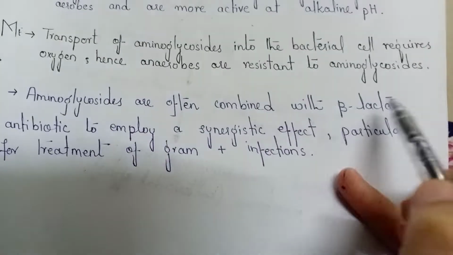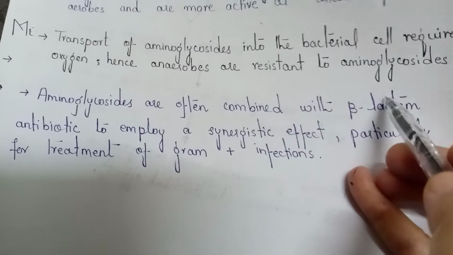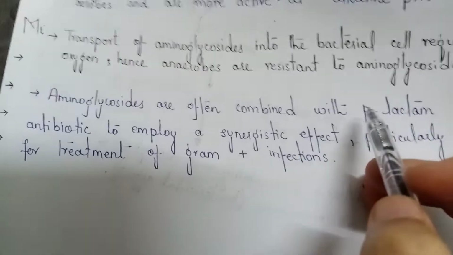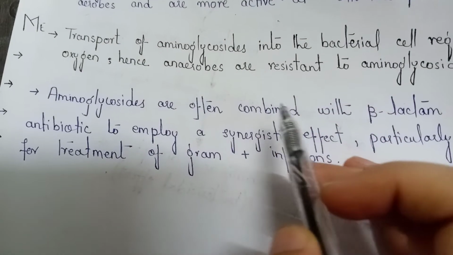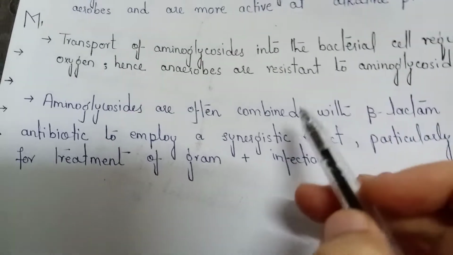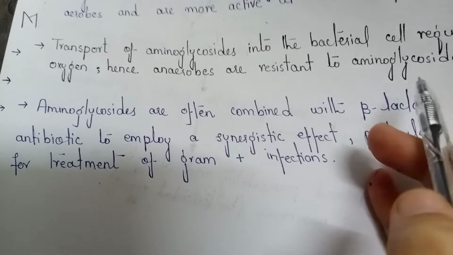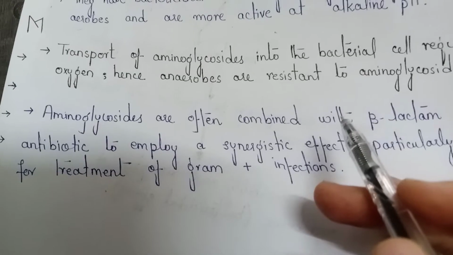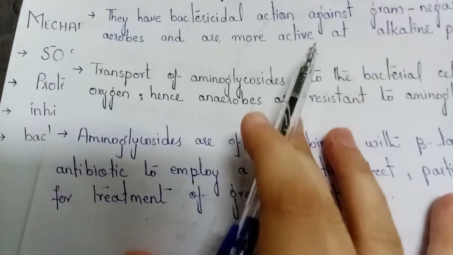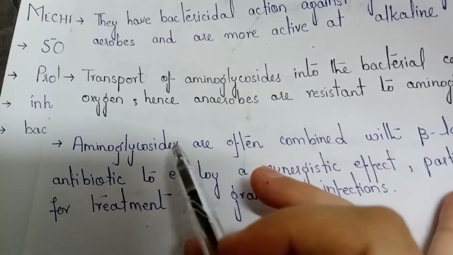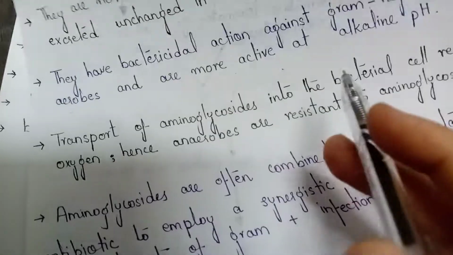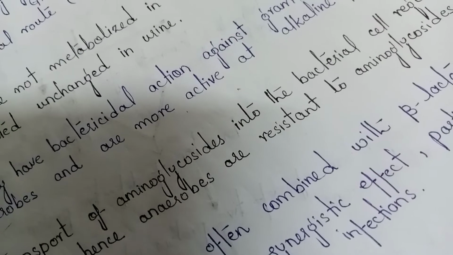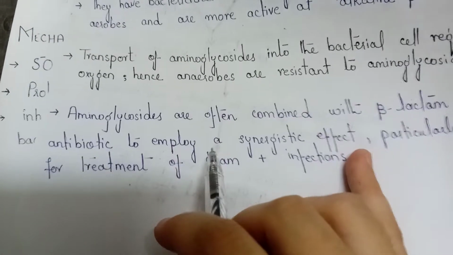So beta-lactam antibiotics are basically cell wall synthesis inhibitors. When beta-lactam is given along with aminoglycoside, the beta-lactam breaks down the cell wall, and thus the entrance for aminoglycoside becomes easier.